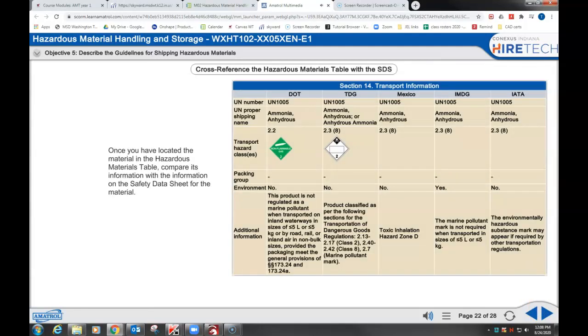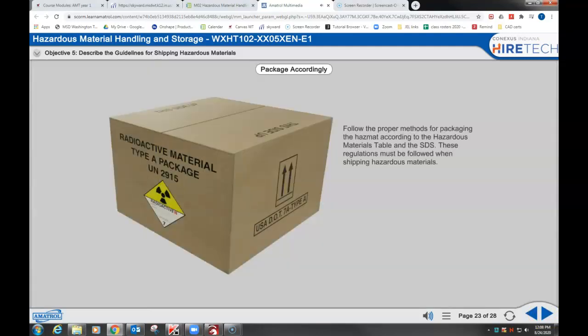Once you have located the material in the hazardous materials table, compare its information with information on the safety data sheet for the material. Follow the proper methods for packaging the hazmat according to the Hazardous Materials Table and the SDS.